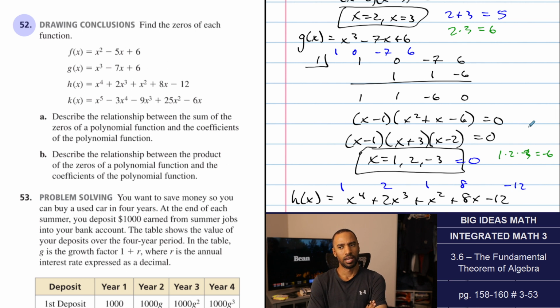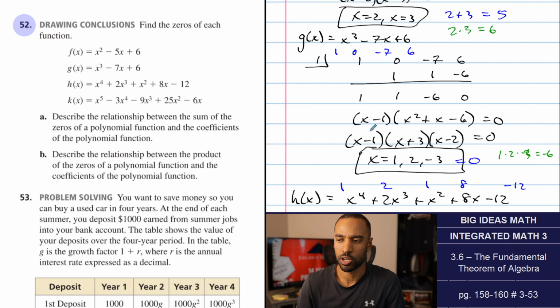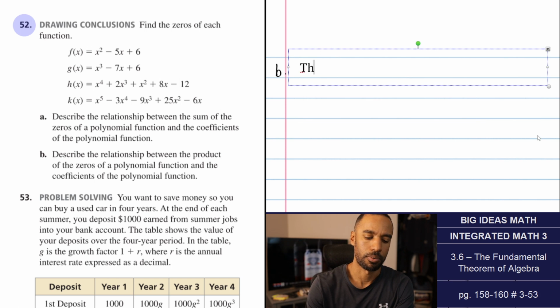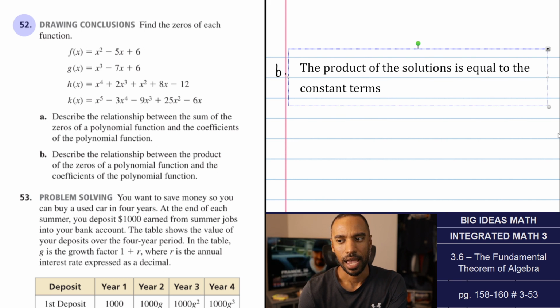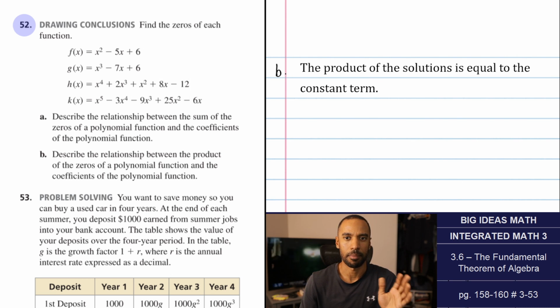I feel like it should have been. Maybe it's because this x minus 1 was already factored out. I don't know. But otherwise, it seems to repeat that pattern: the product of the solutions is equal to the constant term. I'm missing something with that second one.